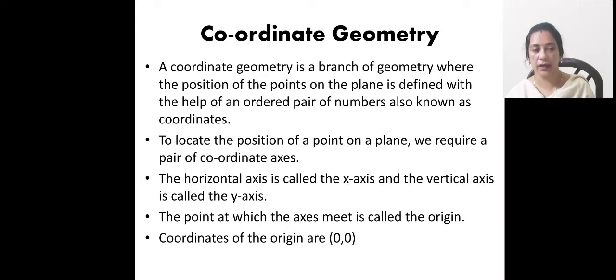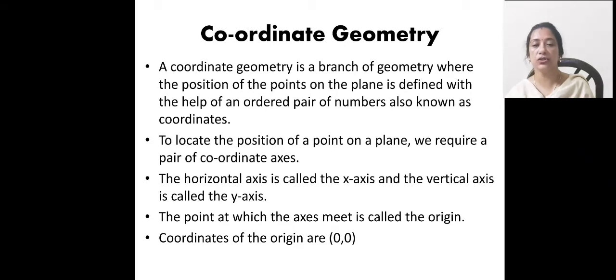Now, what are these coordinate axes? On a Cartesian plane, the two perpendicular lines which intersect at a particular point, that is called the origin, are called the coordinate axes.